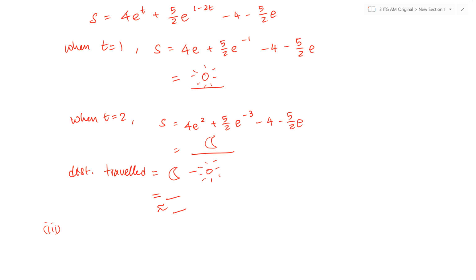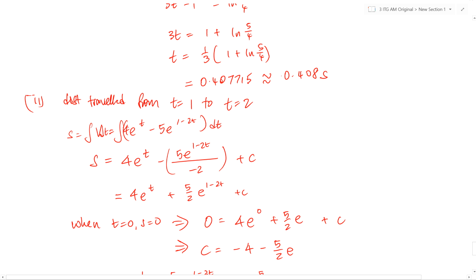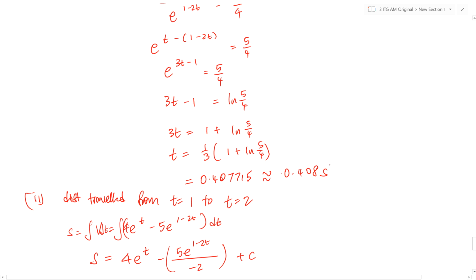Was there a time when the velocity equals 0? In part 1, yeah. What was the value? This is the timing when velocity equals 0, and it is approximately 0.408 seconds. So that was a U-turn over there.